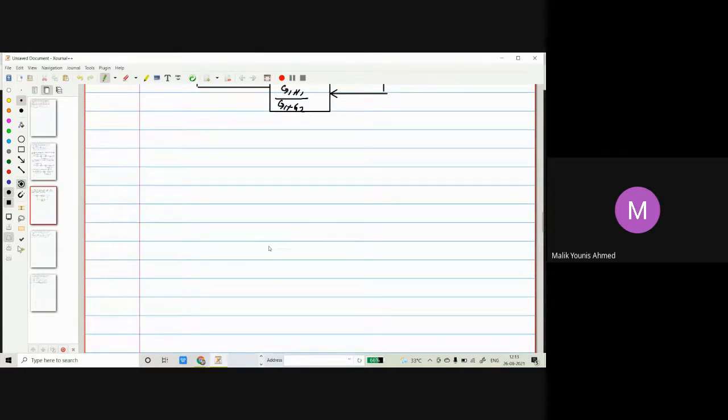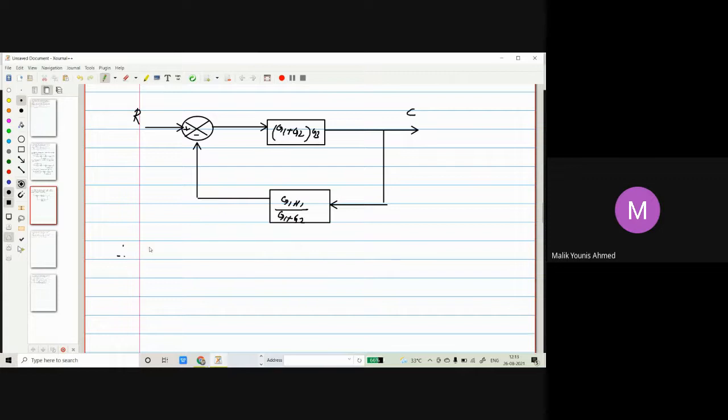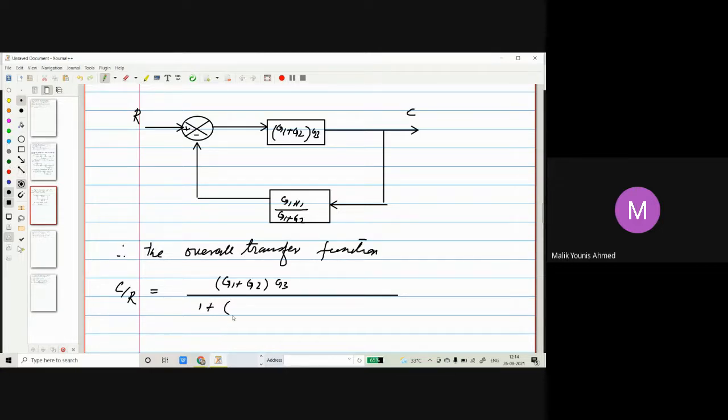The overall transfer function C by R will be equal to G1 plus G2 times G3, divided by 1 plus G1 plus G2 times G3, all complete. 1 plus this transfer function multiplied by the feedback transfer function, that is G1 H1 divided by G1 plus G2. So this is the overall transfer function.